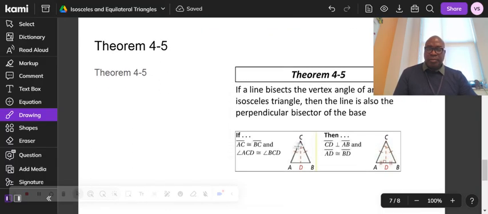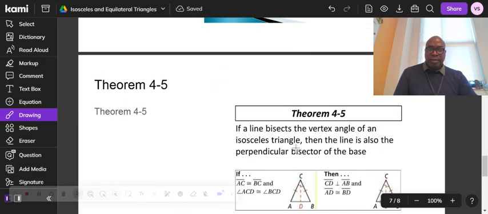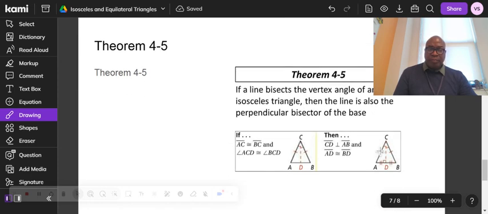Now let's move on to theorem 4.5. It says if a line bisects the vertex angle, this angle up top here, then the line also is a perpendicular bisector of the base, right?